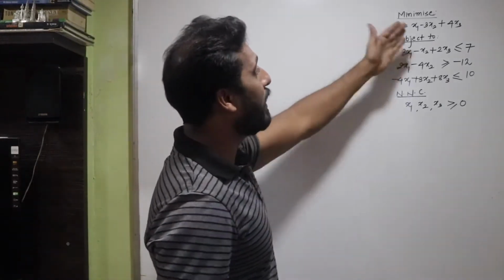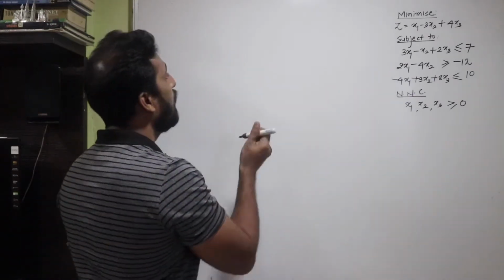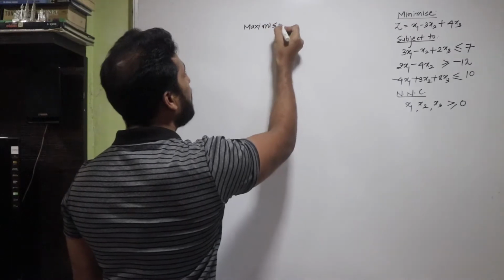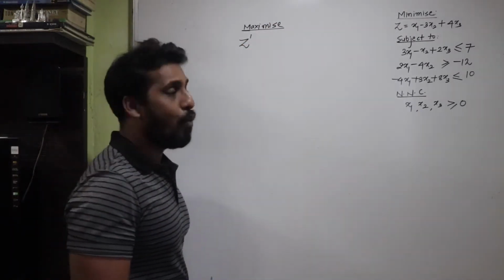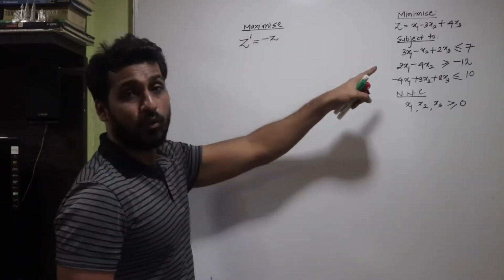You simply have to add a negative sign on both the sides. That means now I can write the same question like this: maximize, let us call it z dash, or you can call it z1. It is equal to minus of z, isn't it? Just add a negative sign to the minimizing function.